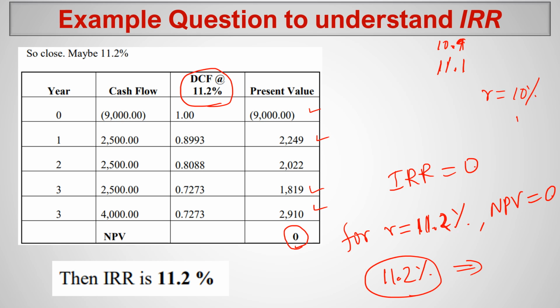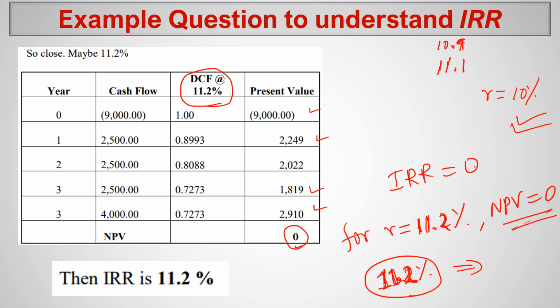I will say go for this project, because even at 11.2 percent we are balancing the NPV. It's like a safe zone. At 11.2 percent we are not making any profit, but this is the break-even point. There is no profit or loss.